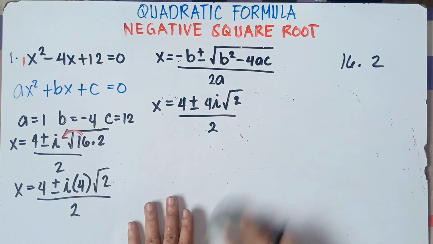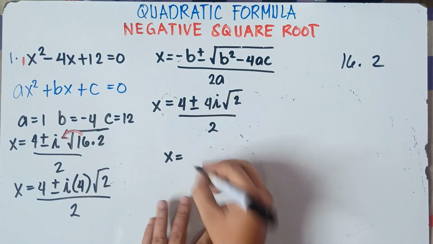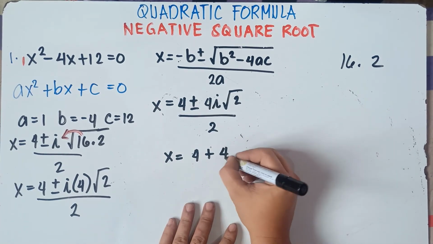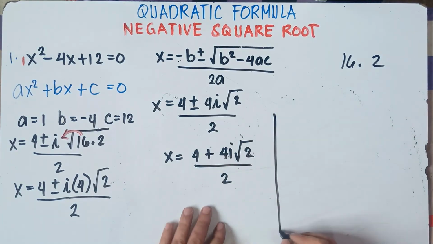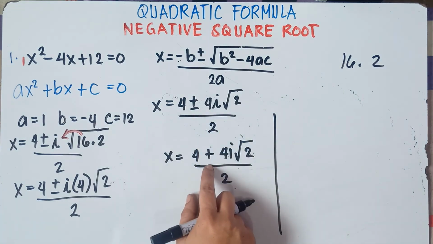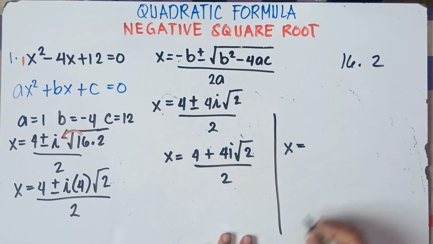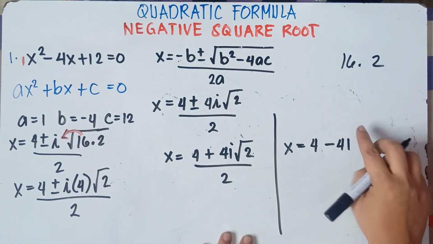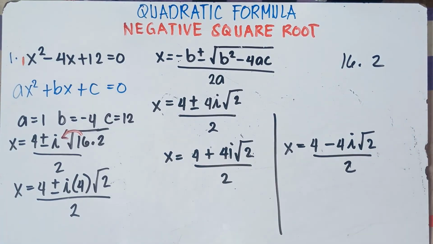So this will be x equals, positive then negative, 4 plus 4i square root of 2 over 2. Once again, let's separate, class, positive and then negative. So 4 plus 4i square root of 2 over 2, and the other one, x equals 4 minus 4i square root of 2 over 2.